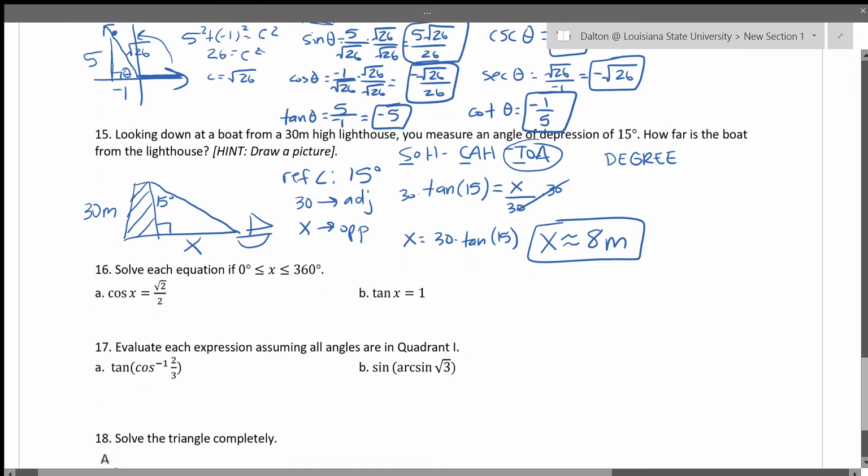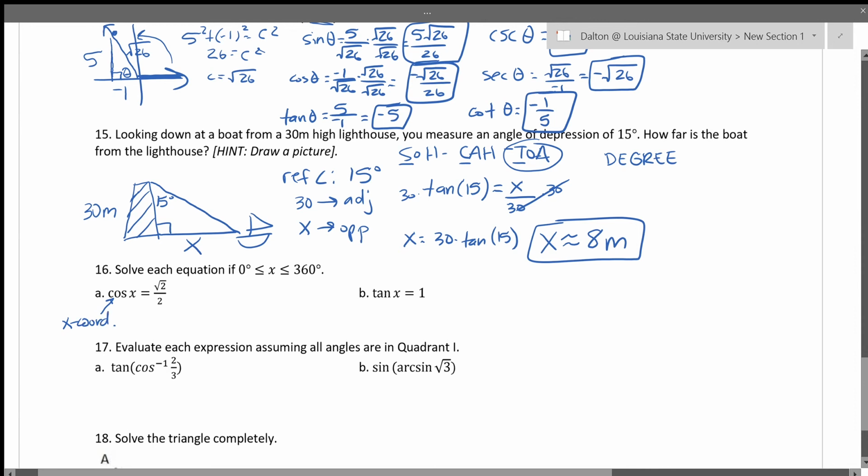Number 16, solve each equation if the angle x is between 0 and 360 degrees. So for part A, it says the cosine of x is the square root of 2 over 2. So what I need you to think of, remember, is that the cosine is the x-coordinate, right?